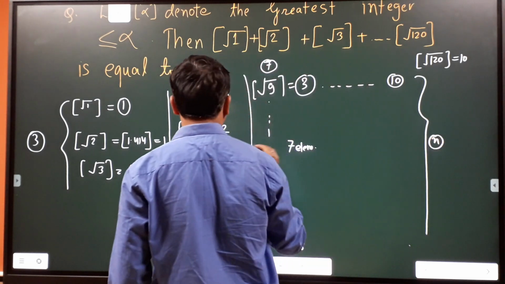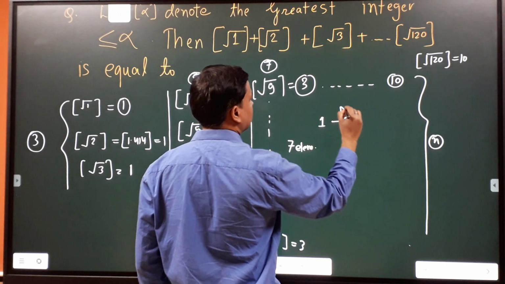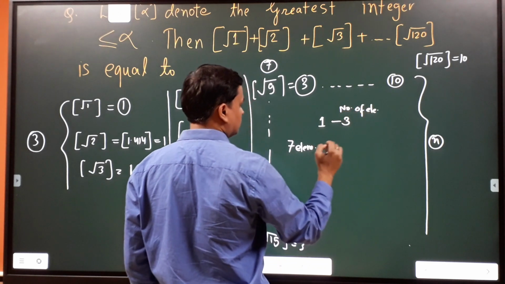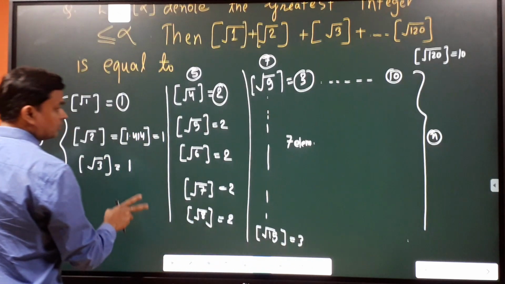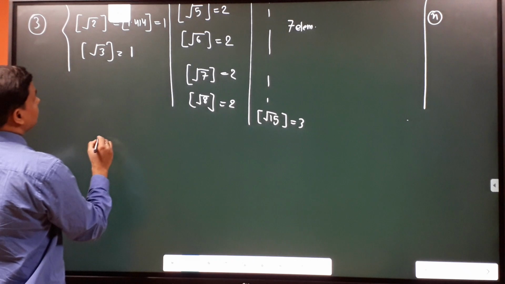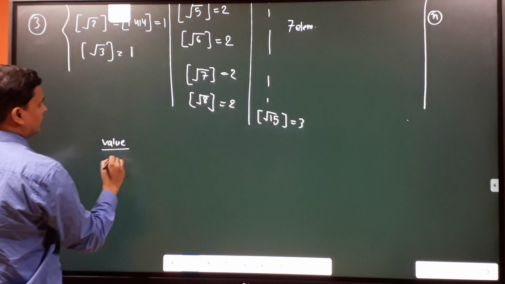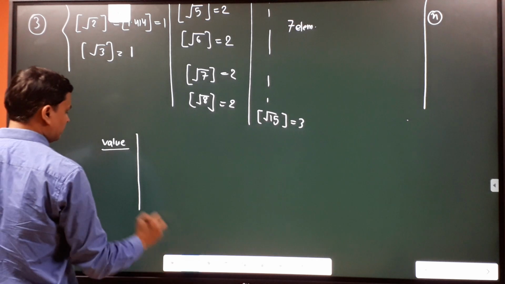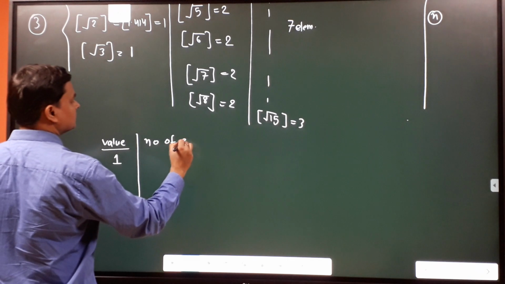So see, for 1 the number of elements was 3. I should write it down below the page. I should create for the value 1, the number of elements.